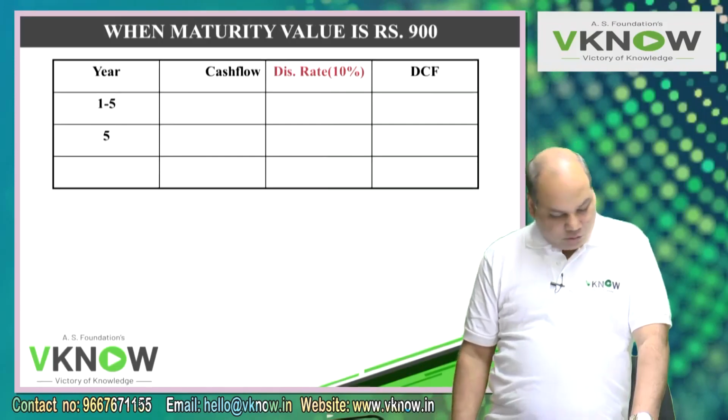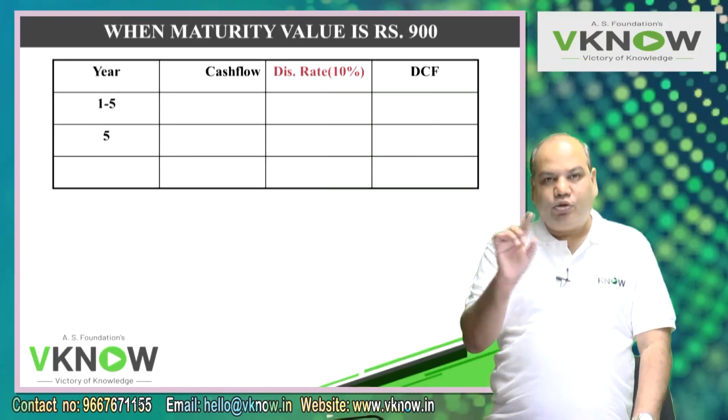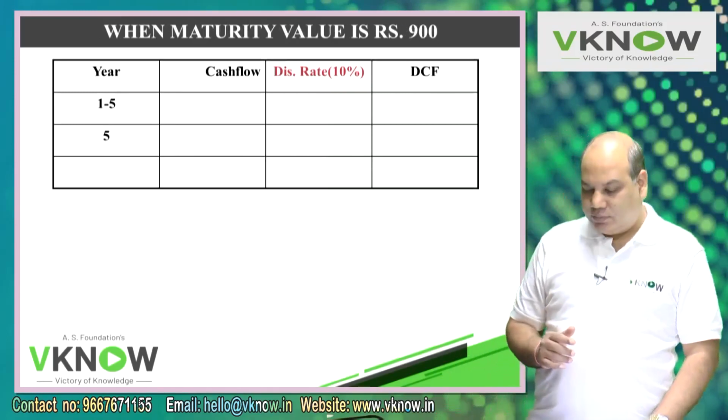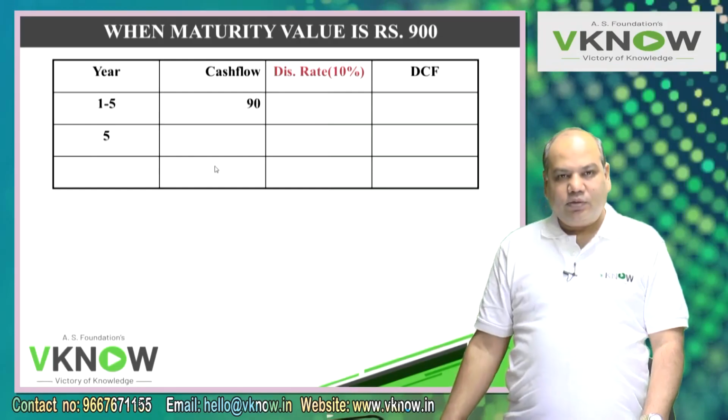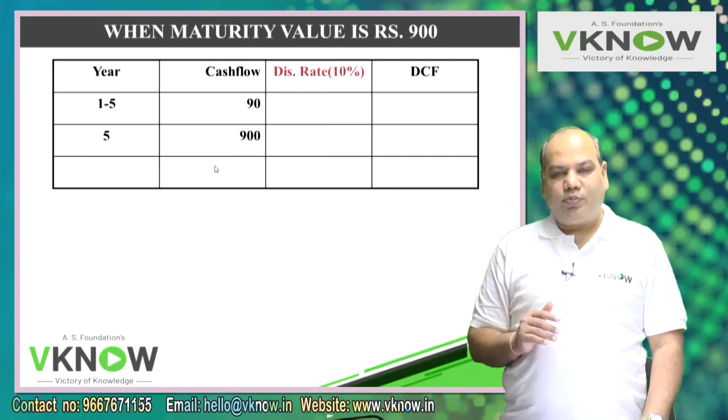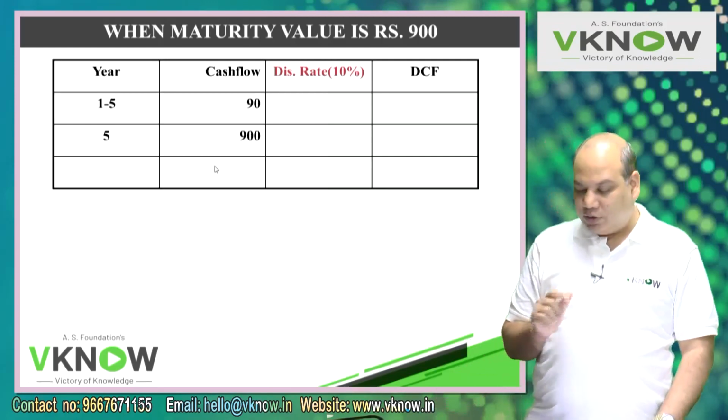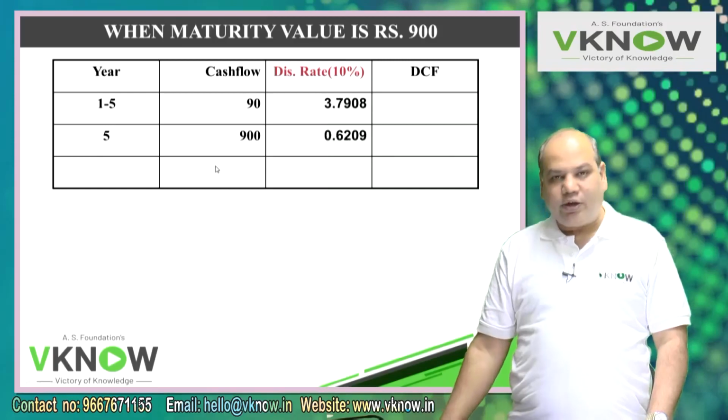Now come to case 2. Maturity value is rupees 900. Cash flow will be first 5 year 90. Redemption value is 900 rupees. So year 5 will be 900. Discounting factor already written.